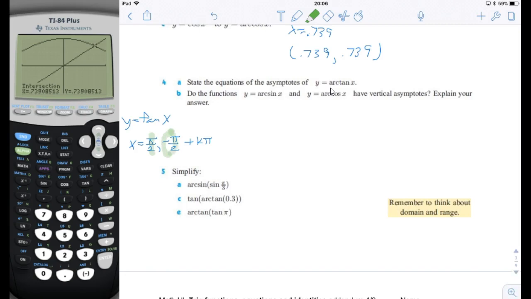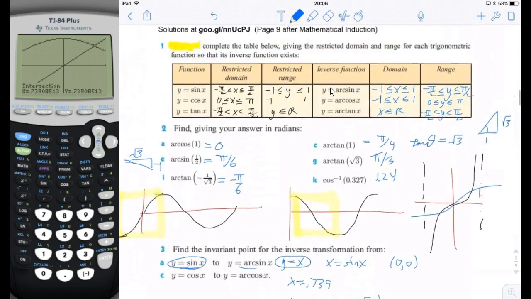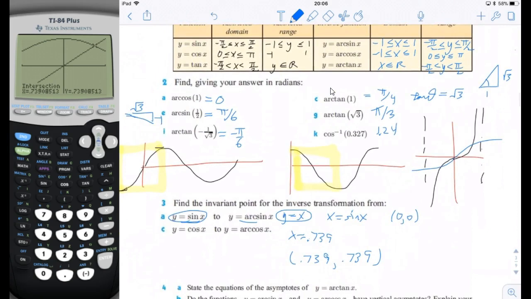So when we do reflect these about y equals x, we are going to get y equals pi over 2 and y equals negative pi over 2. Okay, we're going to get these two asymptotes, right? Because remember, let's go back to this drawing. Remember the blue function here?